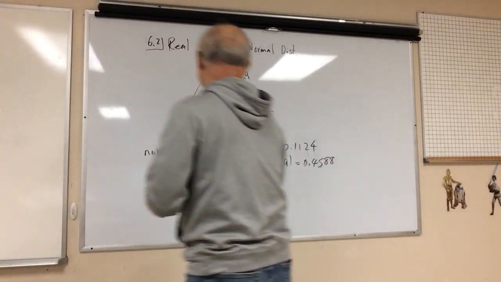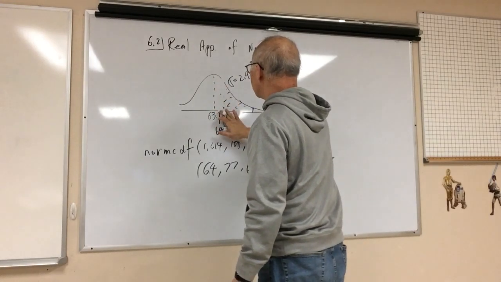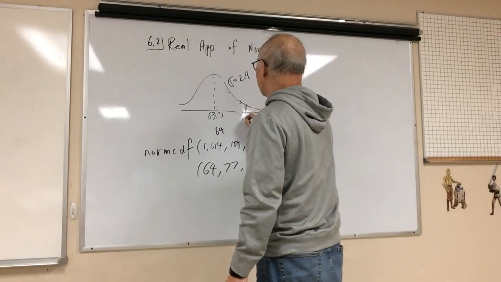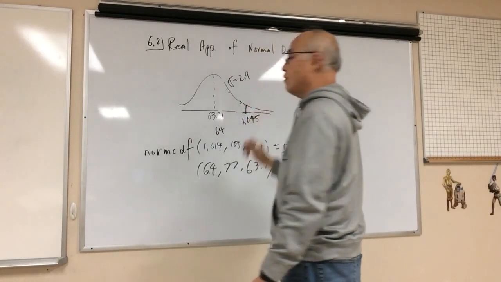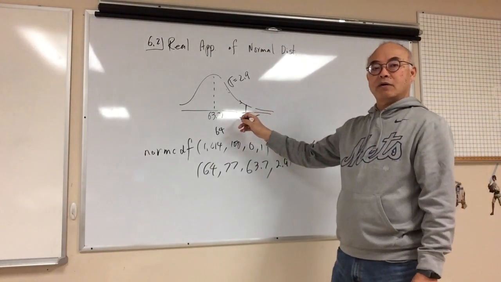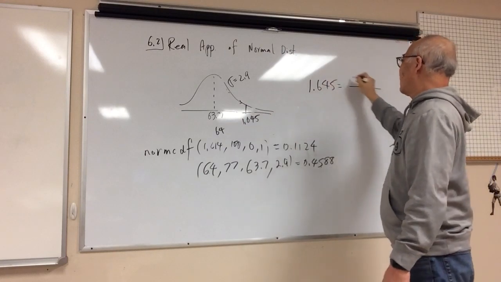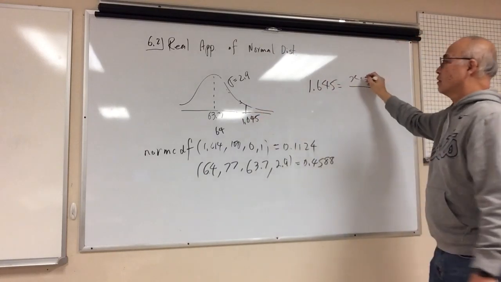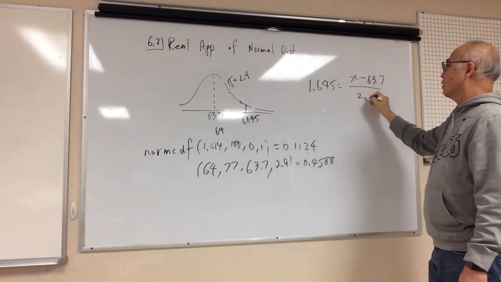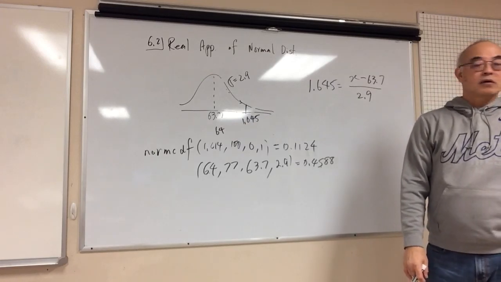So we need to find out what x is, correct? Now we're not doing this anymore. We're looking for a z-score of 1.645. How would I back the actual number out? I don't know what this actual number is. The z-score is what I get when I subtract it from the mean and divide by the standard deviation, because that's what the z-score means.